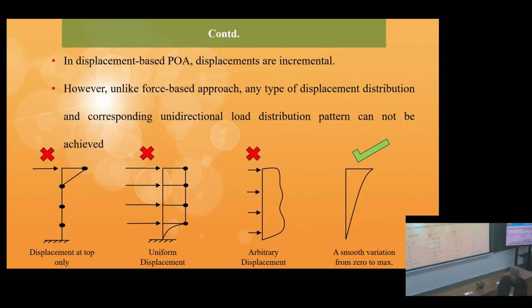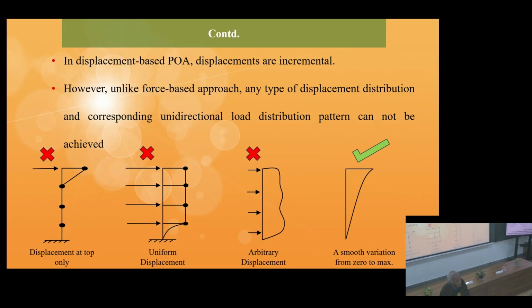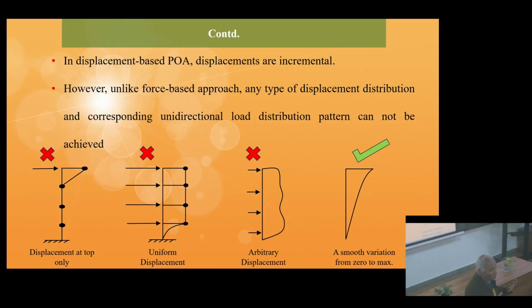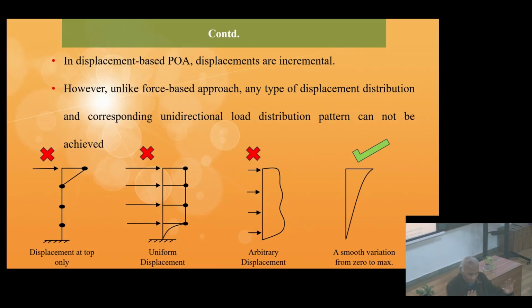So all displacement-based design persons are basically new generation people. Okay, old generation people never recognized displacement-based design and all that. They were very classical people. They thought about only force.